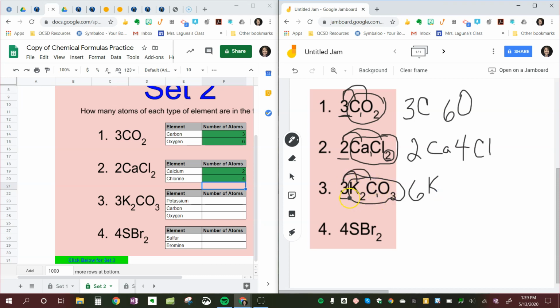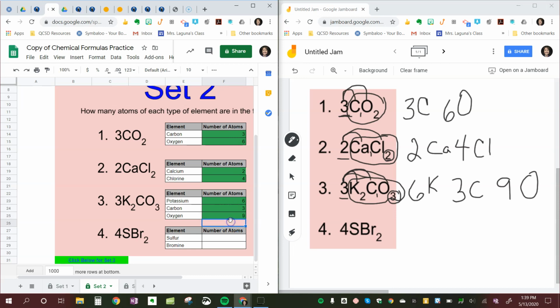Well, there's only 1 carbon, so 3 times 1 would give us 3 carbon. And then 3 times the oxygen. We have 3 oxygen, so 3 times 3 is 9 oxygen. And let's check our answer by plugging it in. 6 potassium, 3 carbon, and 9 oxygen.